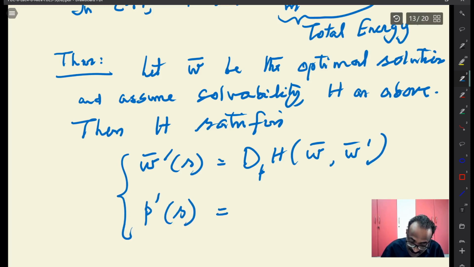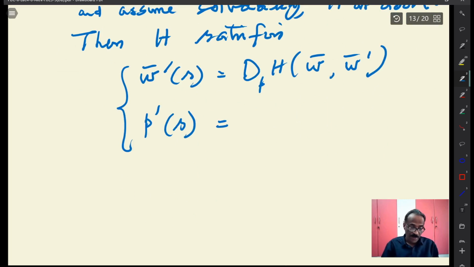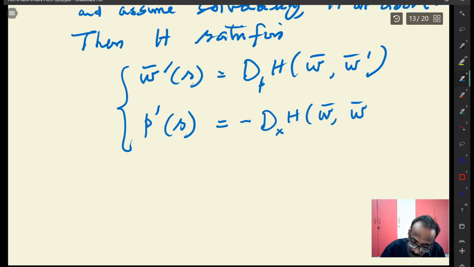So this is a system in W and P. The earlier one was the Euler-Lagrange equations for W and W prime. It's a velocity equation, and this will be P prime equal to minus dx of H of W bar, P.